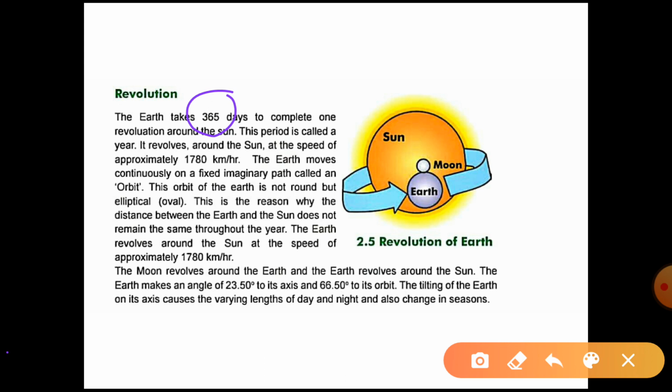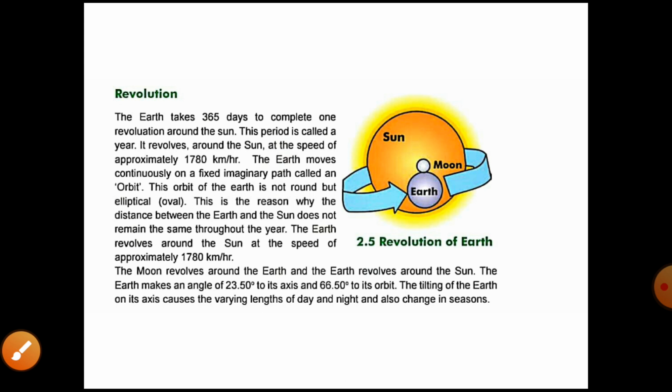When the earth starts its revolution around the sun and comes back to its own position here, it will take 365 days. This period is called a year. As we all know, within 1 year we can see a total of 365 days.